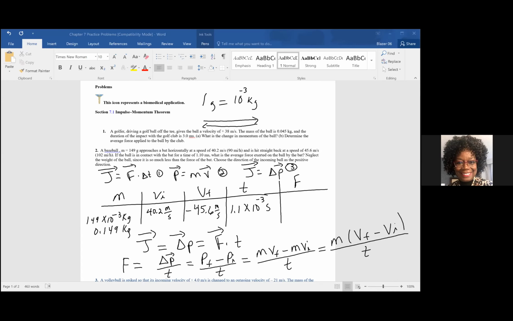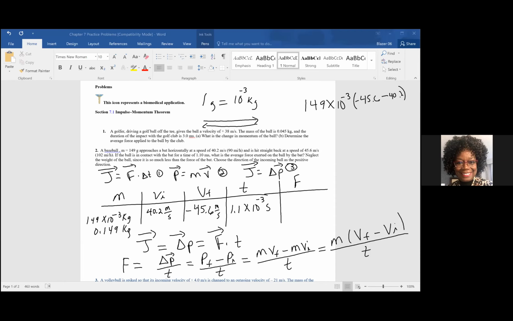So now I can plug in my values because look, everything here is what I have given here. So let's begin with my mass. My mass is 149 times 10 to the minus 3 kilograms. The final is negative 45.6. So I've got negative 45.6 minus initial is 40.2.